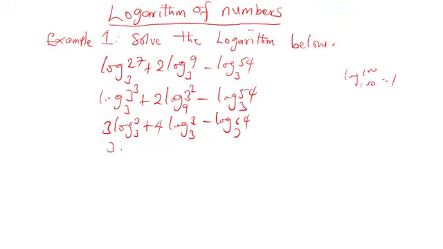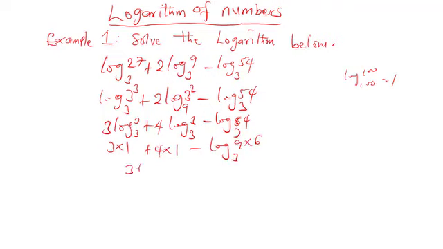So this becomes 3 times 1 plus 4 times 1 minus, now which of the numbers will give us 54? If you check 54 on the multiples of 3 or 9, you discover that 9 times 6 is 54. So this is minus log 9 times 6 base 3.